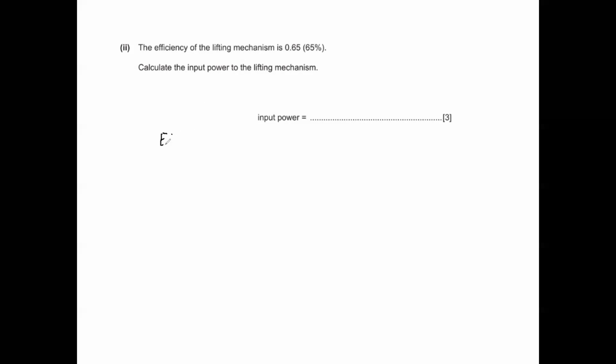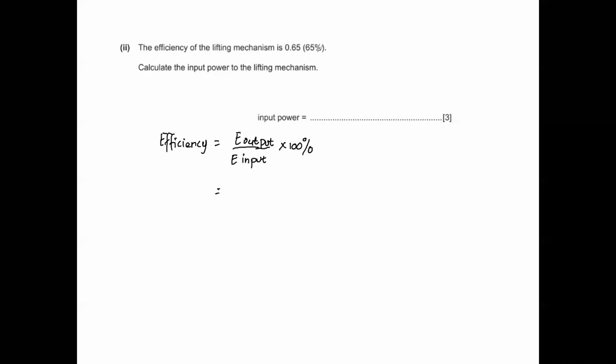So efficiency equals energy output over energy input times 100%. Actually, efficiency can use the formula power output over power input, but from here, we don't know the power output, so we use this formula to find the energy input.